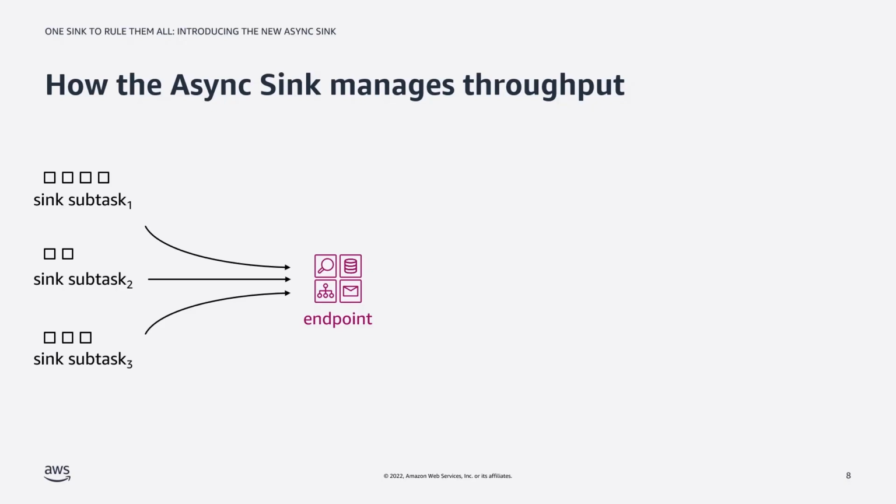And even in the case of cloud services that follow a provisioned throughput model, you may be able to discover the throughput of the endpoint, but that doesn't help if there are additional producers, because then you again end up overloading the endpoint unless you know how many other producers there are. So trying to figure out what the throughput is and then adapting the subtask to that throughput doesn't really work well.